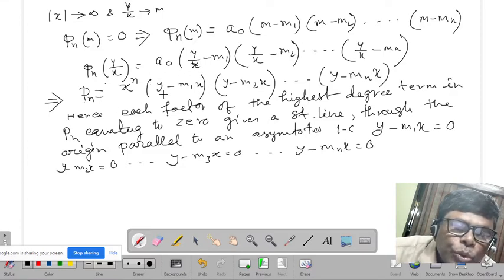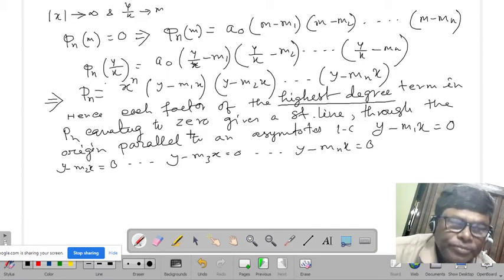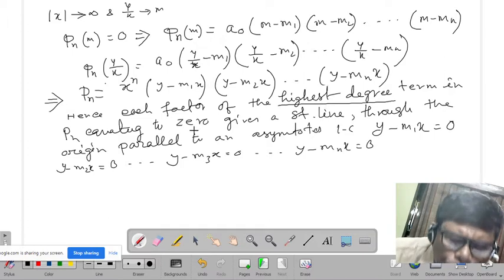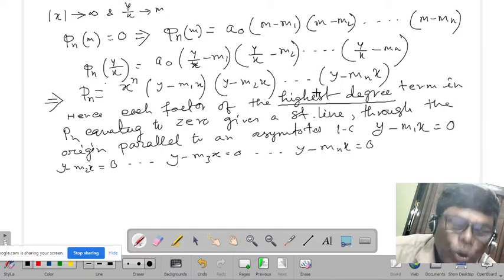Pnx is equal to, so now why this highest degree term? In any algebraic equation, you will get this highest degree term, and your first work will be to make the highest degree term equal to 0. That is the cause. I will tell you.